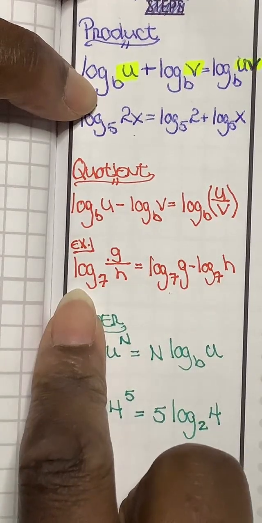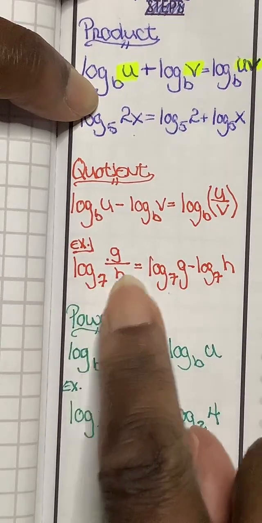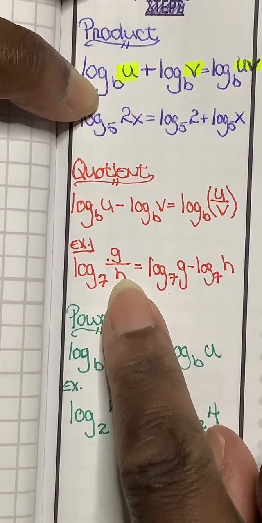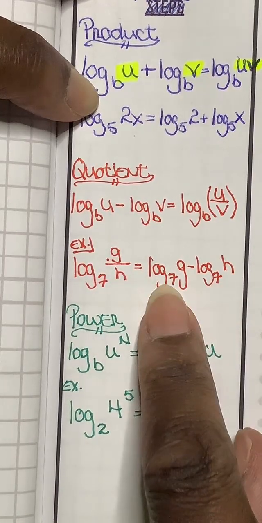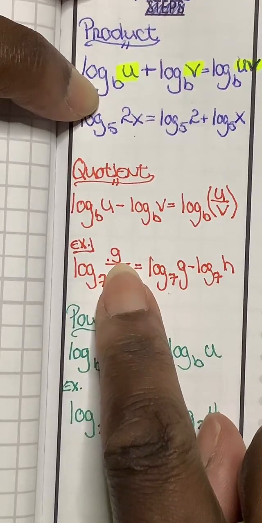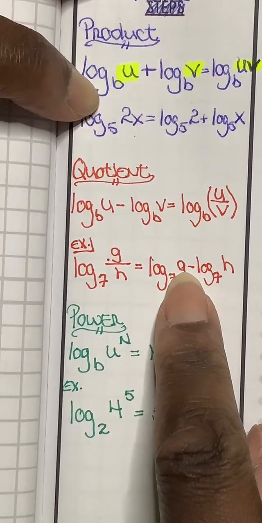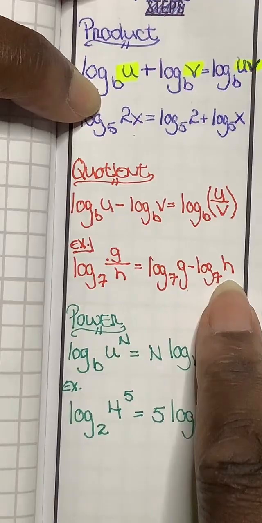So think of it this way. If I have my log base 7 of g over h, so that's the division, I'm going to split this division into two separate logs. Always start with the numerator. So now I got log base 7 of g minus log base 7 of h.